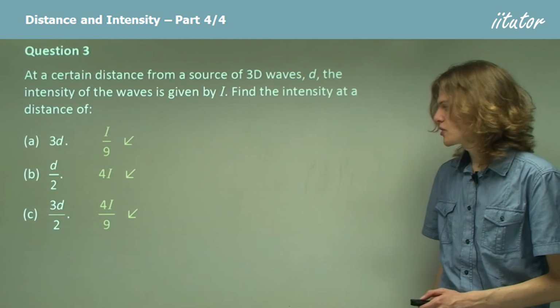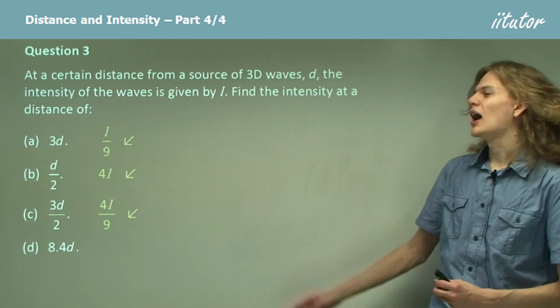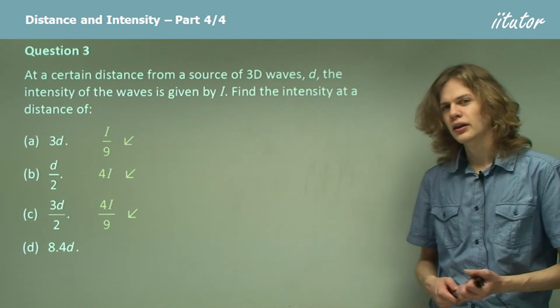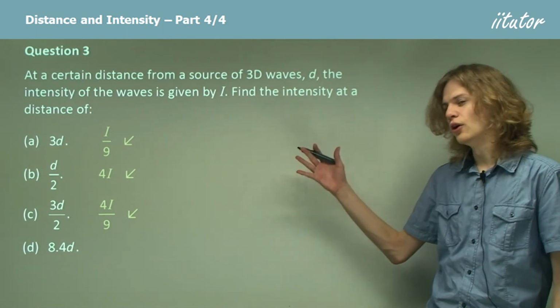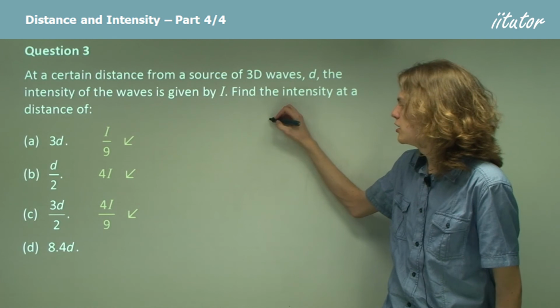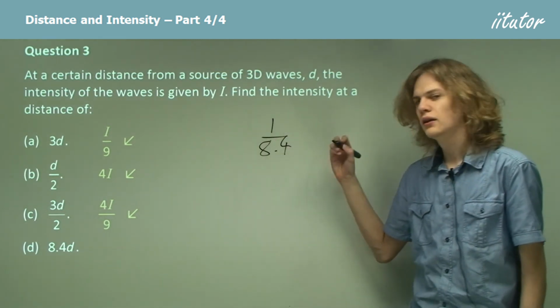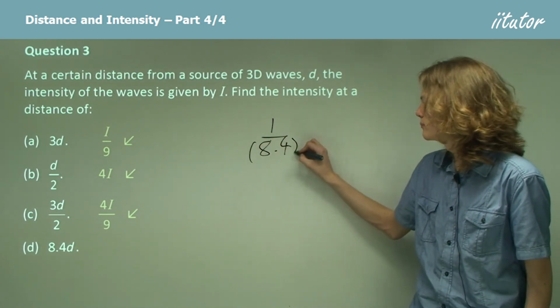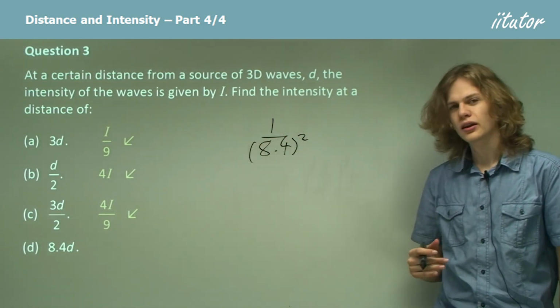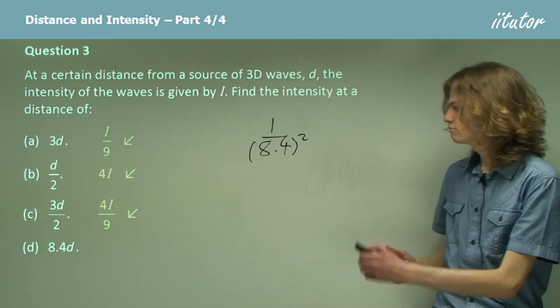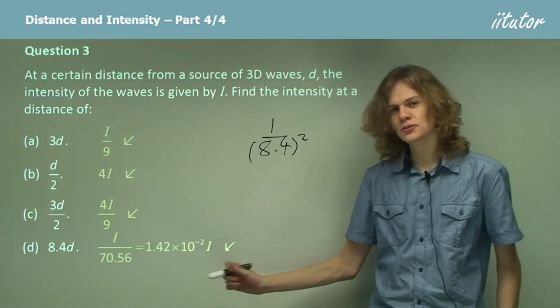Finally, let's do something with a decimal. 8.4d. So in this case, what we need to do is, once again, invert. So instead of 8.4, we have 1 over 8.4, and then square it. And we'll end up with some ridiculous number, 70.56.